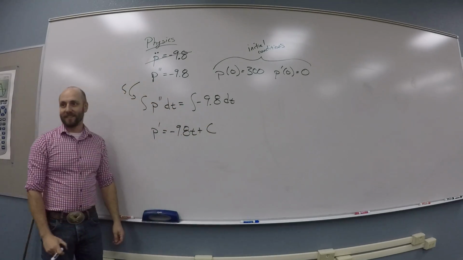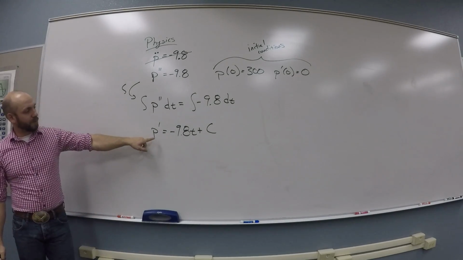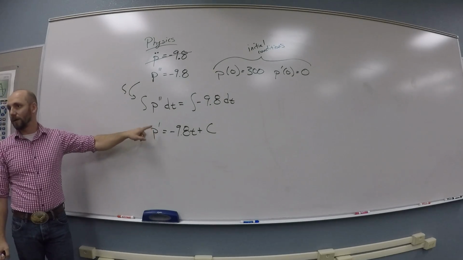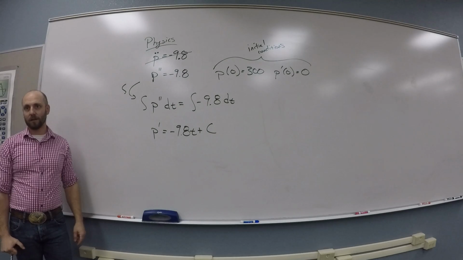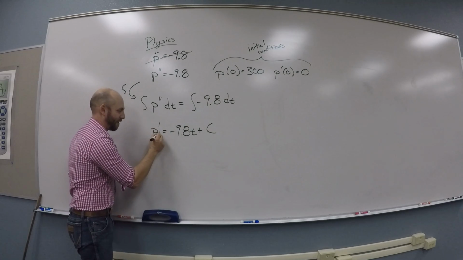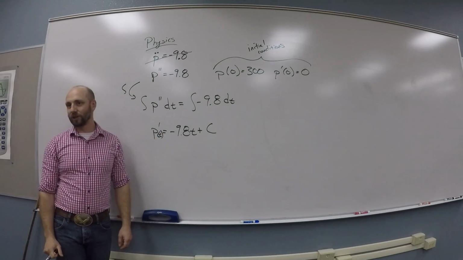Okay, constant at the end, right? So this is a function of p prime. Wait, what am I suppressing here? This is really p prime as a function of t, right?